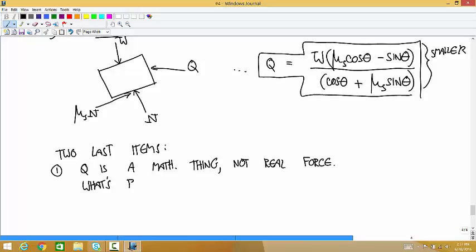What's really the load that's really applied to turn this screw in the nut is a couple, a couple about the screw's long axis.